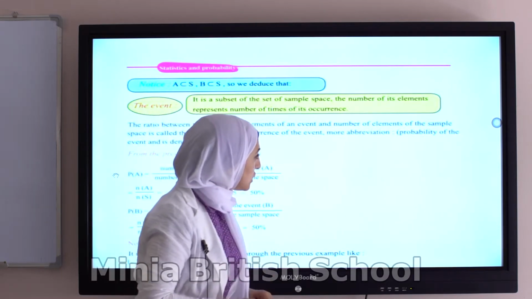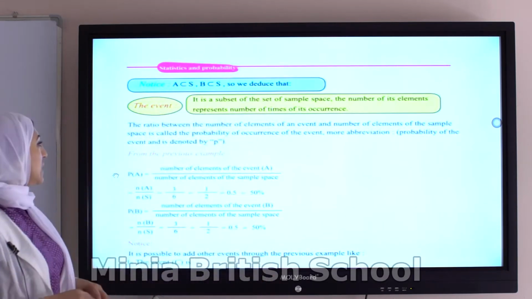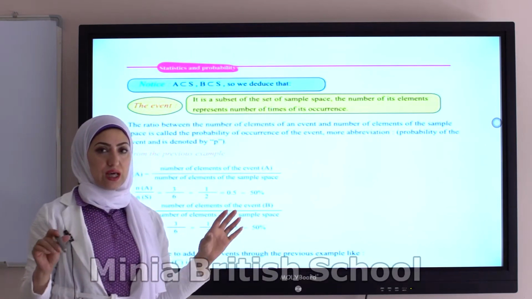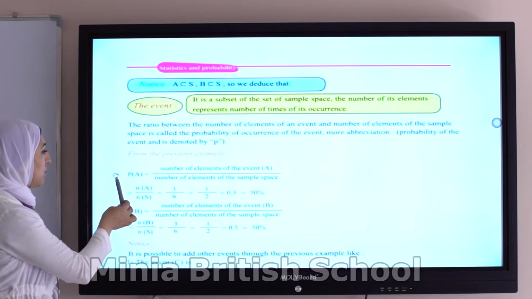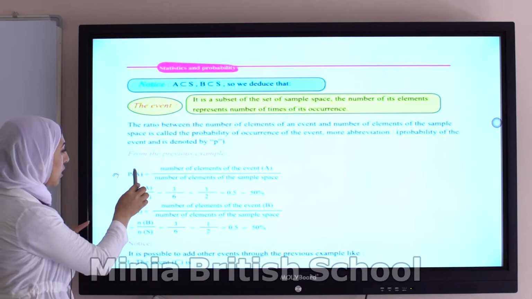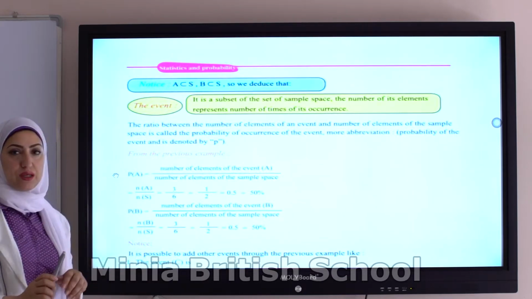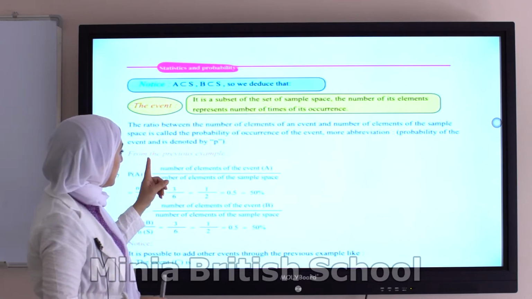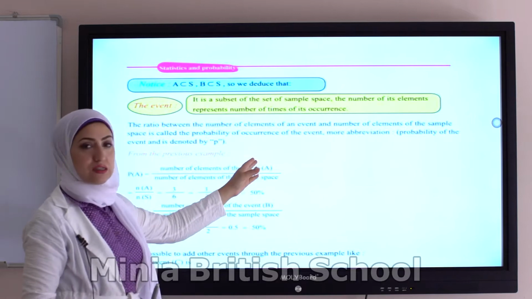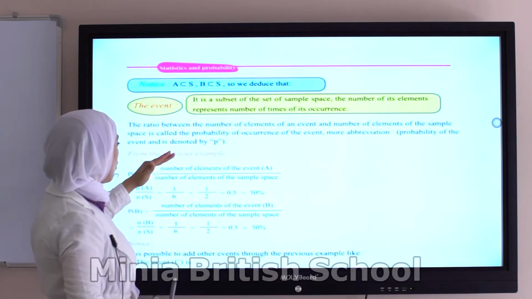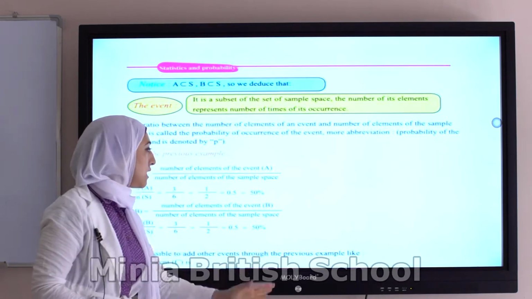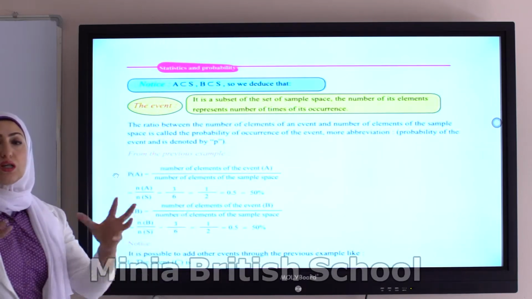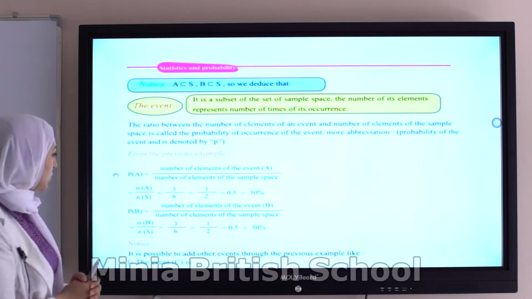For abbreviation, the probability of the event is denoted by P. The probability of event A equals the number of elements of the event A over the number of elements of the sample space, the number of all the possible outcomes.